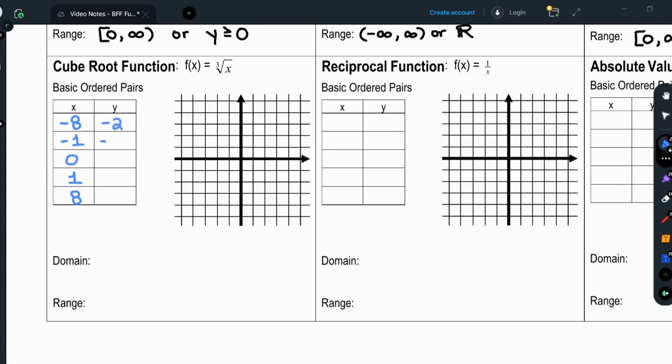When I take the cube root of negative 1, the perfect cube root of that is negative 1. Cube root of 0 is 0. Cube root of 1 is 1. And the cube root of 8 is 2. So I go ahead and plot those points. And again, the ones with 8 will be all the way off my graph. But this is going to be my cube root function.